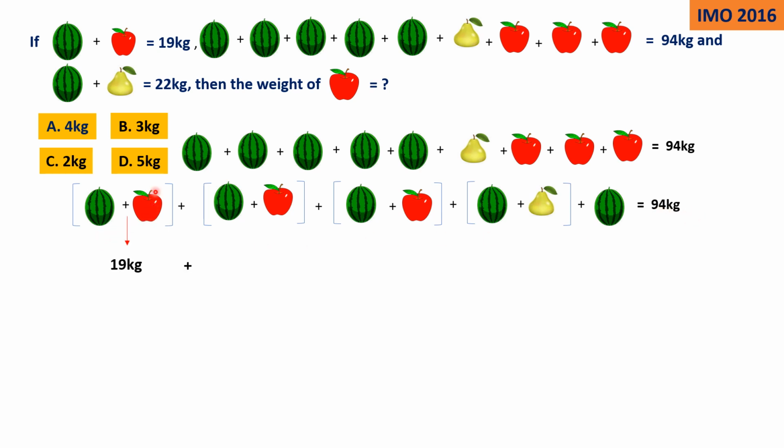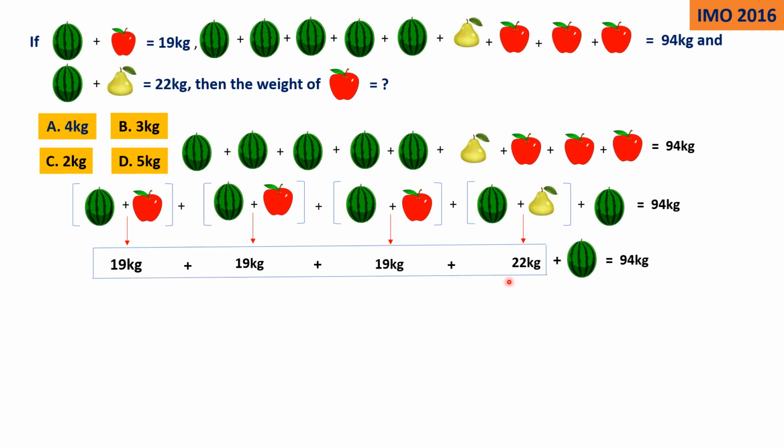Watermelon plus apple is 19 kg. So this is also 19 kg. 19 kg. Watermelon plus pear is equal to 22 kg. So this is 22 kg. Plus watermelon is equal to 94 kg.